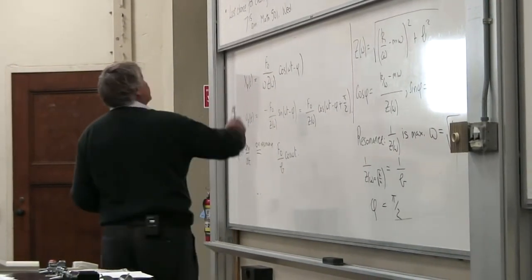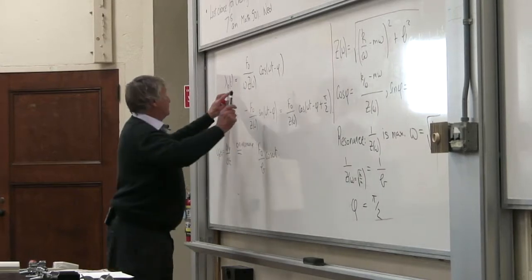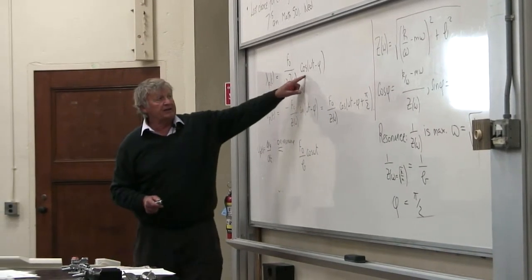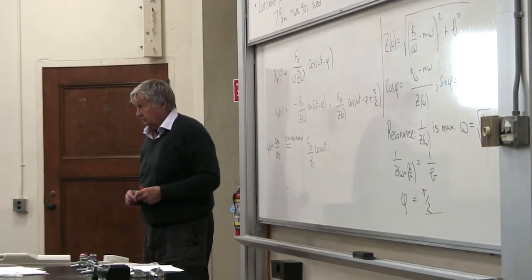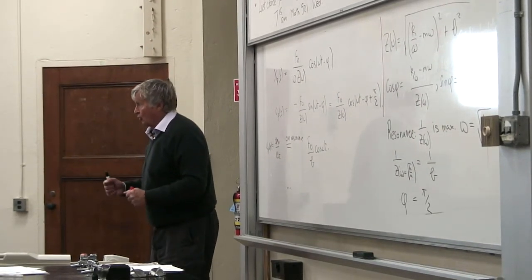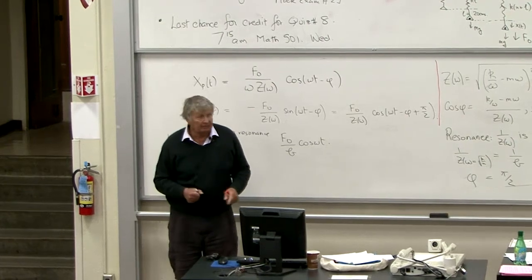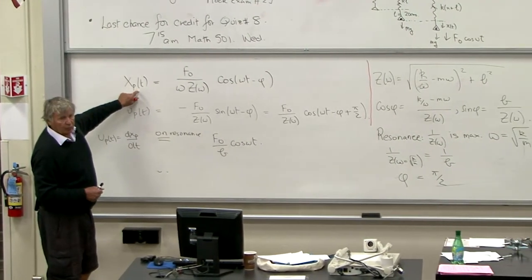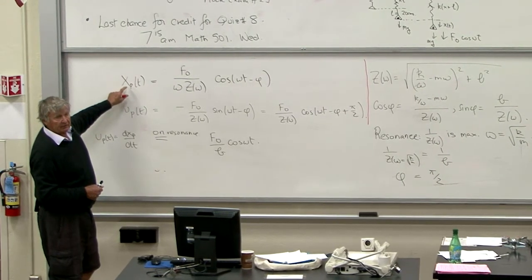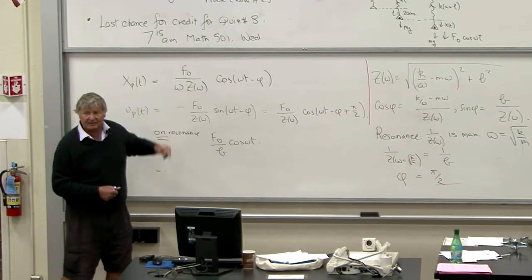Right. In this case, x_p of t, what is the smallest value of T? Let's start at t equals 0. Let's march forward in time. At what time will x_p at that time be equal to x_p of 0?